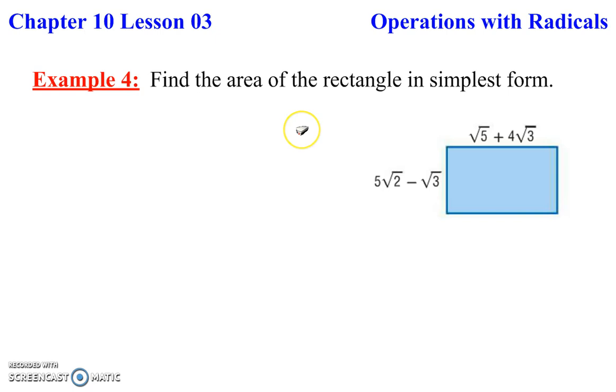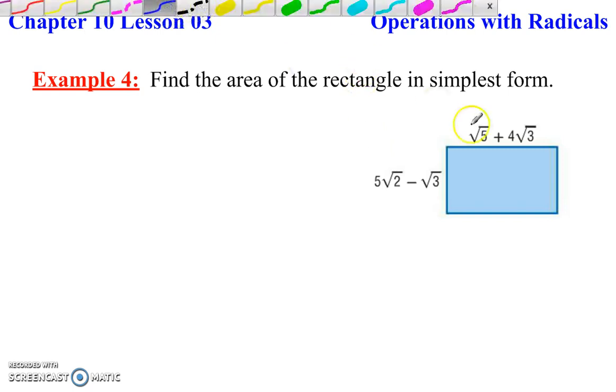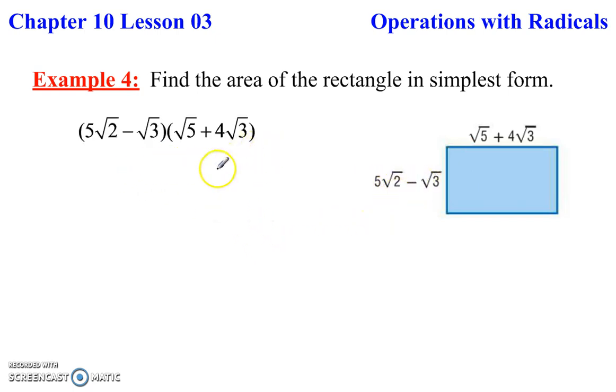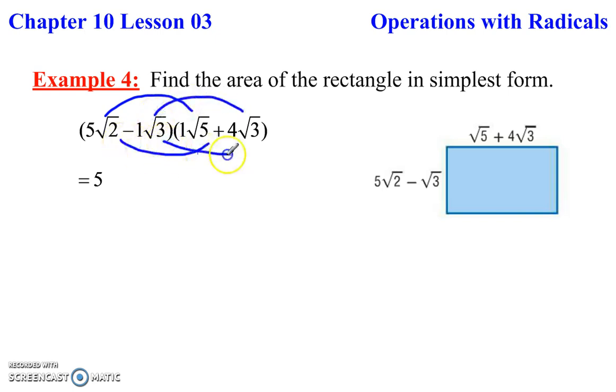All right, you'll see this kind of a problem here. Find the area of the rectangle. Well, you know area is length times width. We can call it base times height, length times width. Pretty much the same thing. So we have to multiply this times this. Okay, now what do you notice? We could use the FOIL method, this times this, this times this, this times this, this times that.